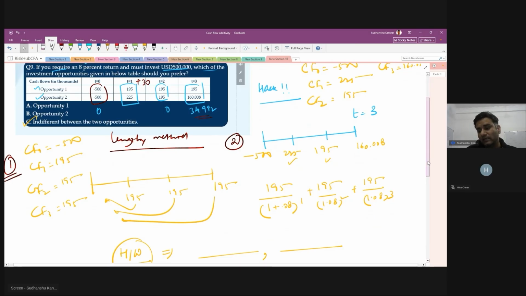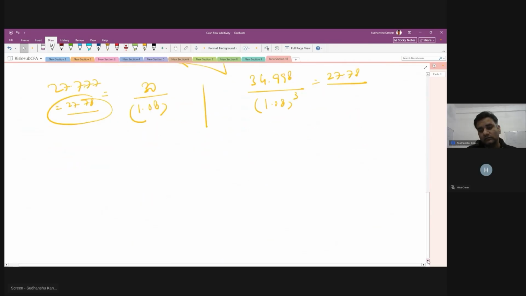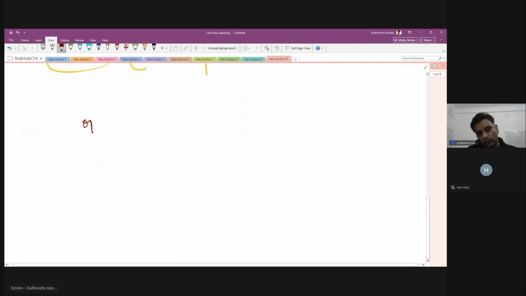So what I have done, in simple words, is that it all boils down to this logic: opportunity 1, you have 0 here and 30 here, 30 dollars or rupees advantage.